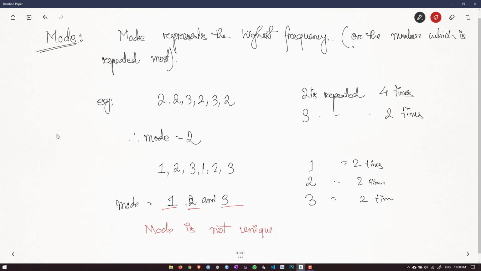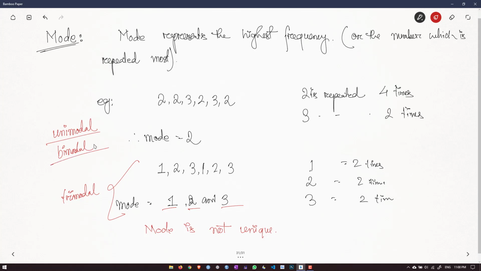So if you have only one mode, that kind of data is called unimodal. If you have two modes, then it is called bimodal, right? This example over here is called trimodal data. And if you have more than three modes, then it is called multimodal data.